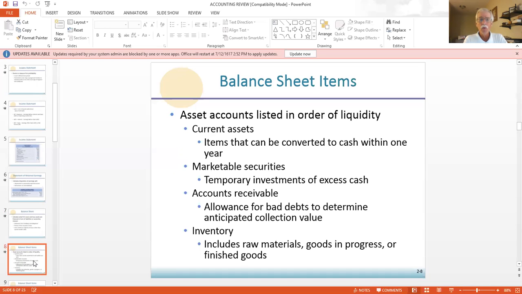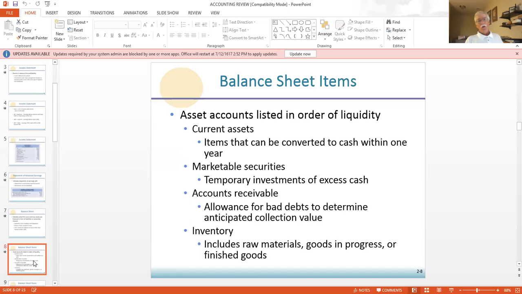Accounts receivable are those monies owed to us through sales, where we've sold product to customers and extended them credit. Accounts receivable will be stated minus an allowance for bad debt, so that we're stating exactly what we feel we will collect in terms of accounts receivable, minus any bad debt that could occur.